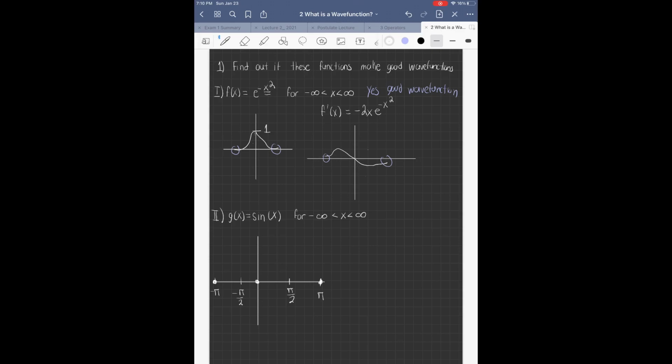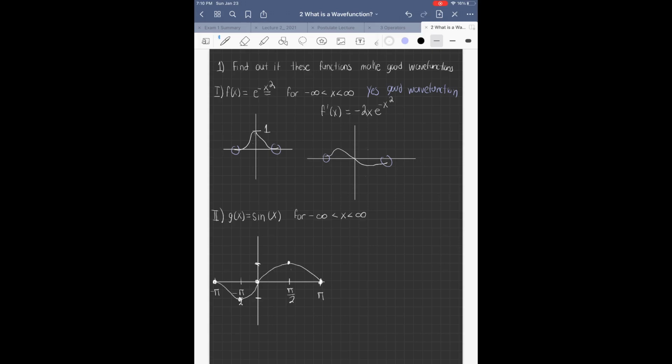At negative pi over 2, it goes to negative 1. So let's say this here is negative 1, and this here is 1. This would go here, and then right here, and then this would go to 1, and then this goes to 0. So then it goes, oh wait, I messed up there. Okay.